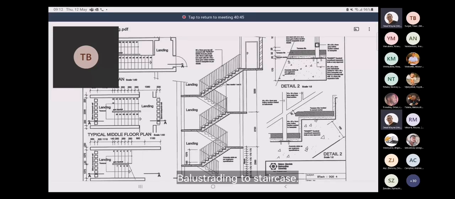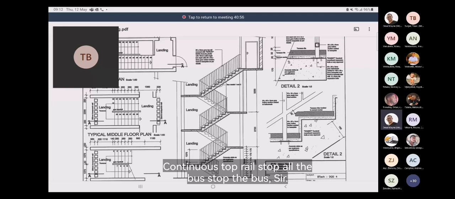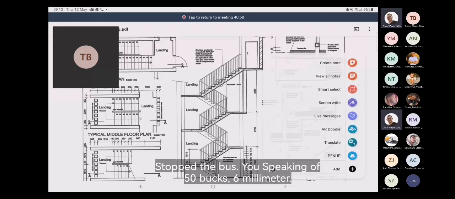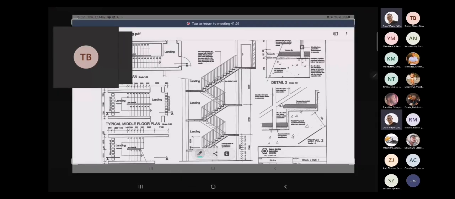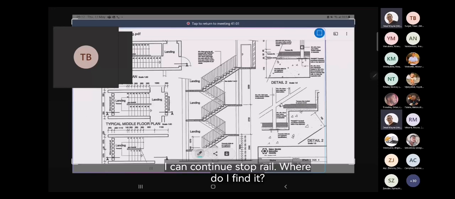Balustrading to staircase formed of 50 by 6 millimeter flat raking continuous top rail. Stop the bus, sir. You're speaking of 50 by 6 millimeter galvanized raking continuous top rail. Where do I find that?